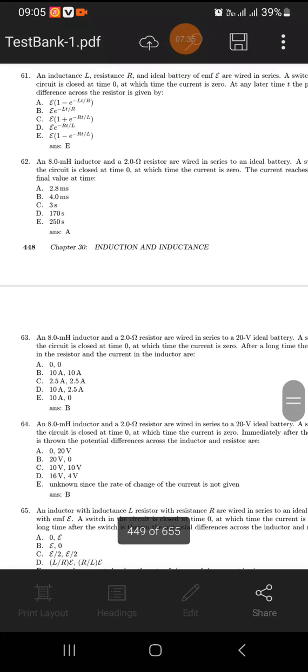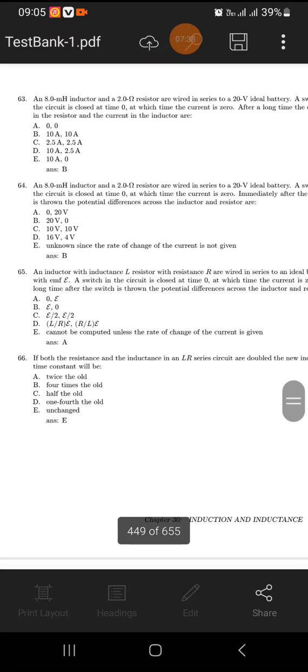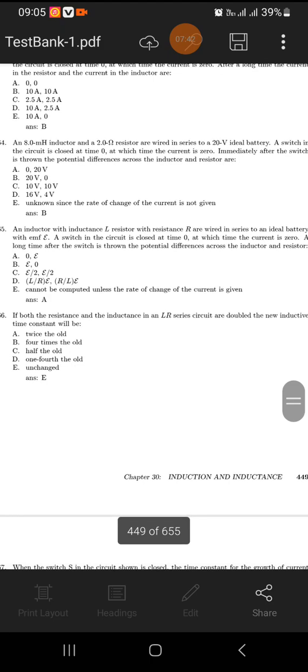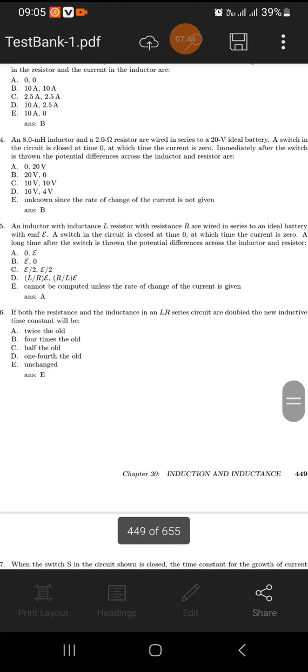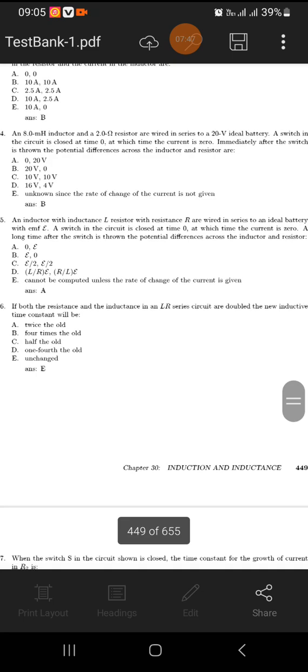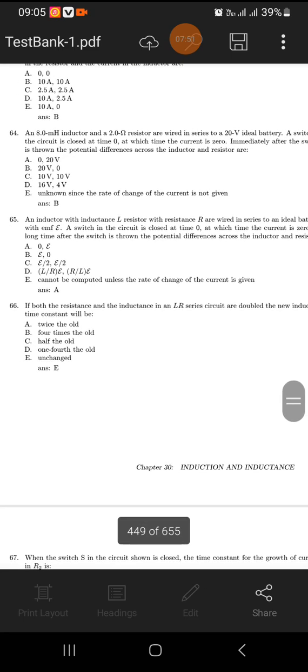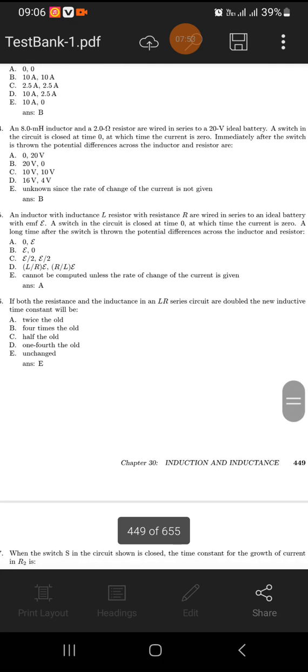Now it's different. An inductor with inductance L and a resistor with resistance R are wired in series to an ideal battery with EMF E. A switch in the circuit is closed at time t equal to 0.